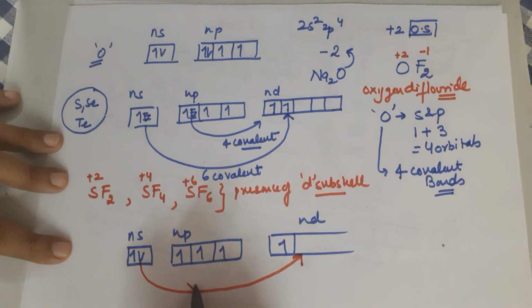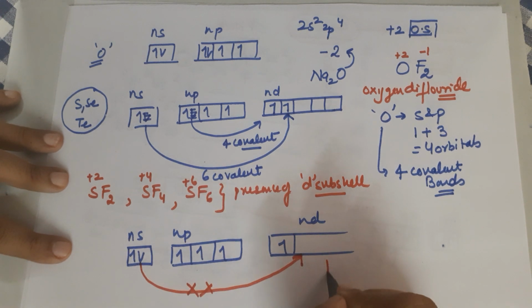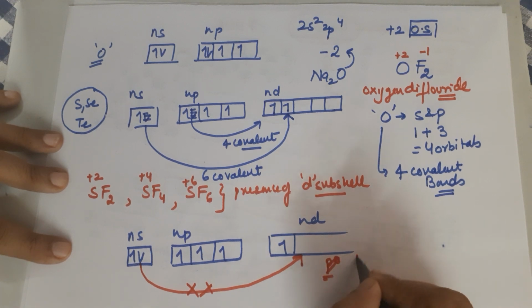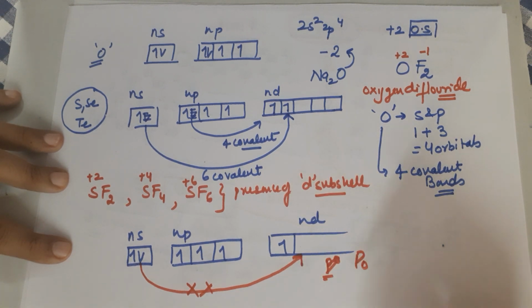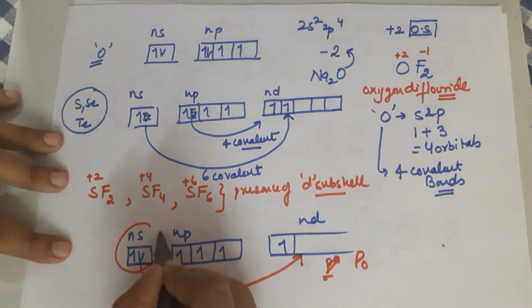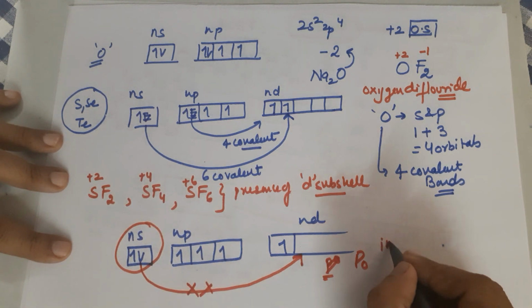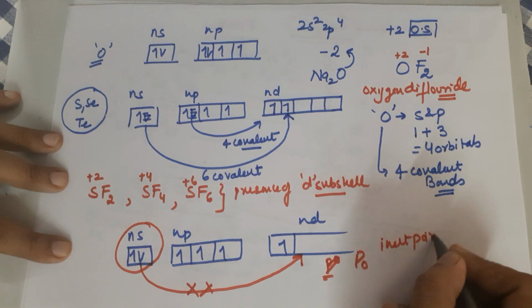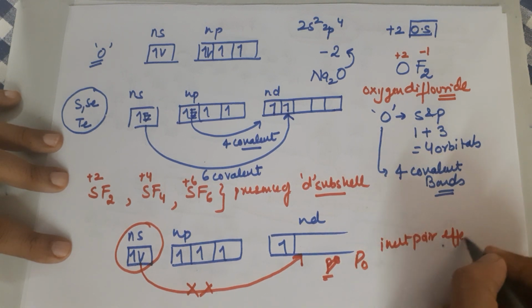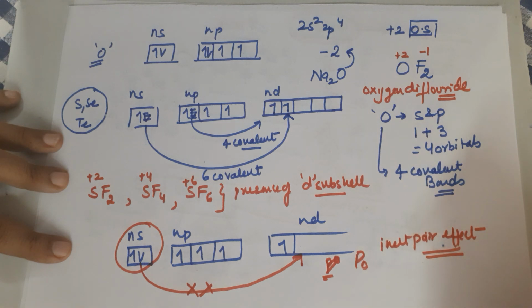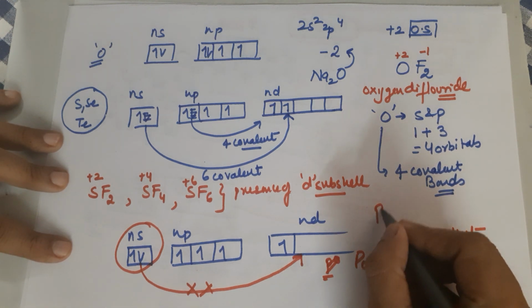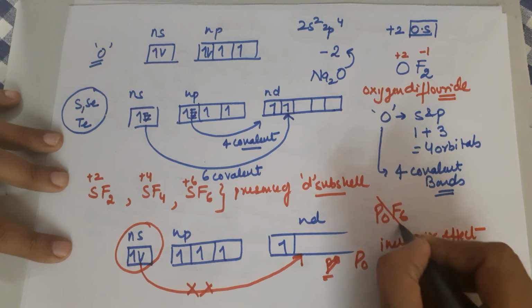But this is not applicable to polonium, which is the last member, where the s electrons resist bond formation, which is due to the inert pair effect. This inert pair effect is a special property of the last member. Hence polonium would never form compounds like PoF6.